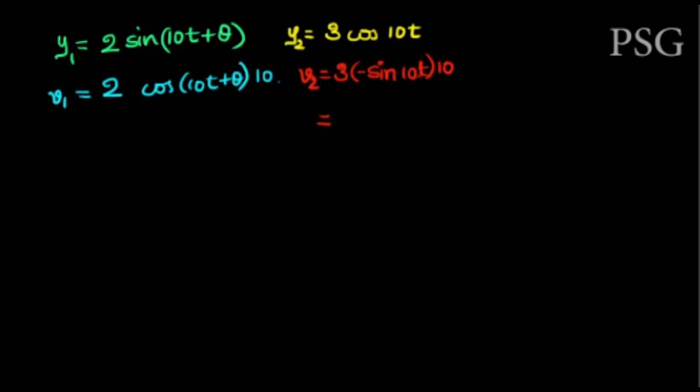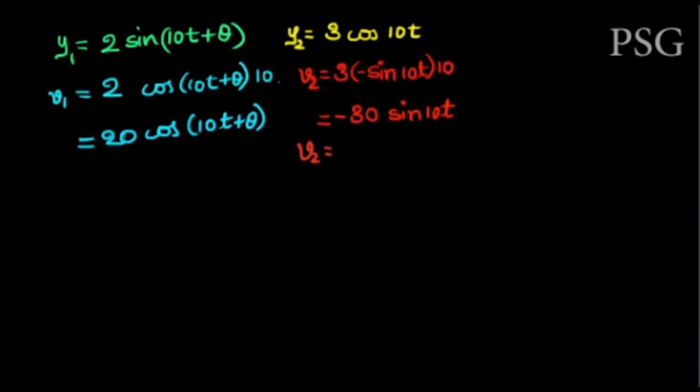Therefore you can write this as minus 30 sine 10t, and the velocity of the first body is 20 cos (10t plus theta).